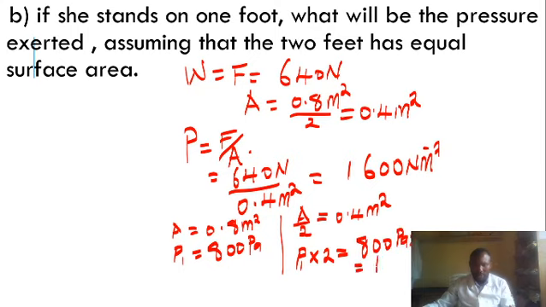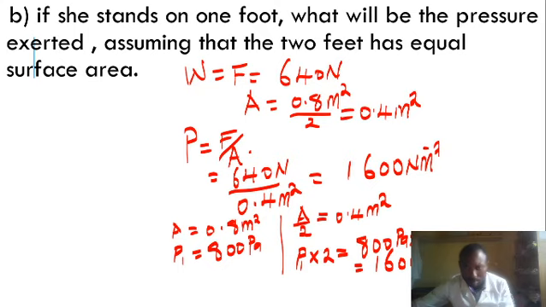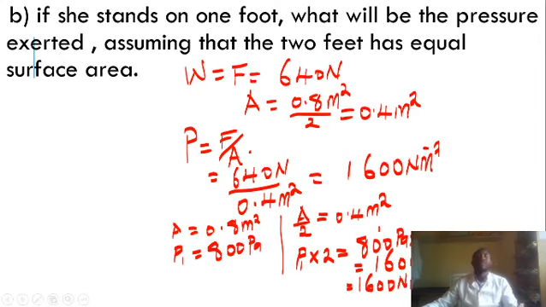And the answer is 1,600 Newton per meter square, or just say Pascal. That's it. 1,600 Newton per meter square.